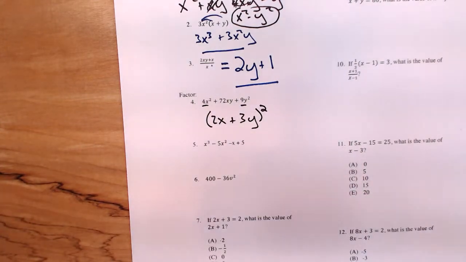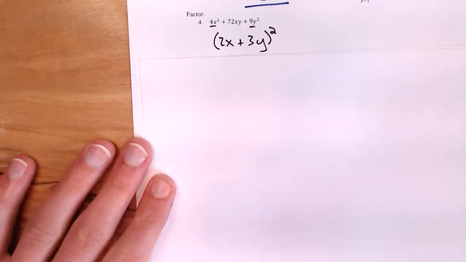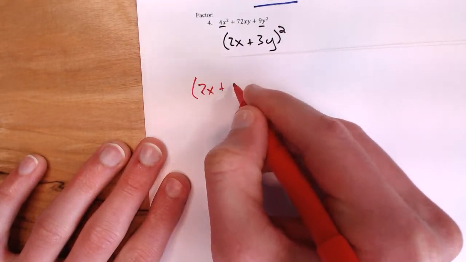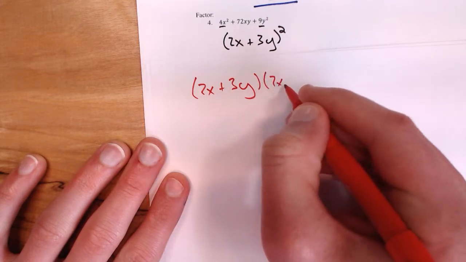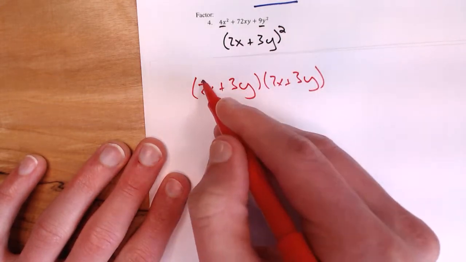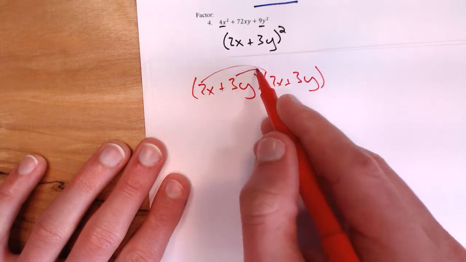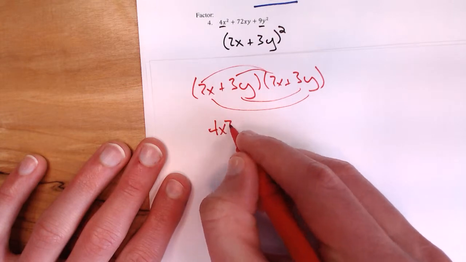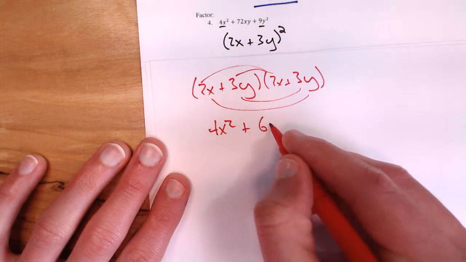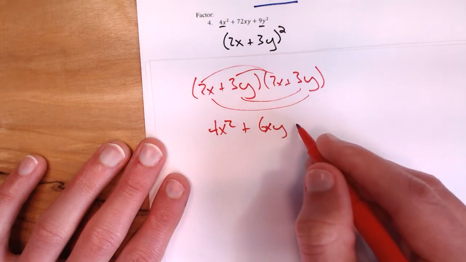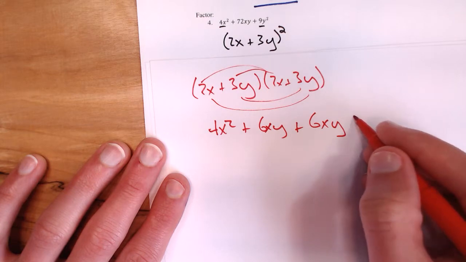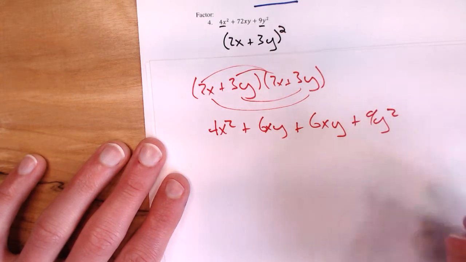Let me grab some scratch paper here. To check this answer, let's do 2x plus 3y times 2x plus 3y. First, inside, outside, last. So that's 4x squared. Now we have plus 6xy, plus another 6xy, plus 9y squared.